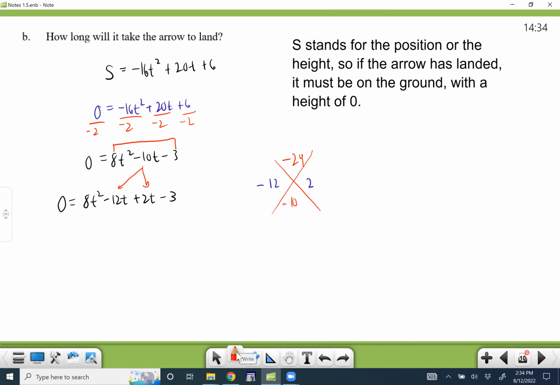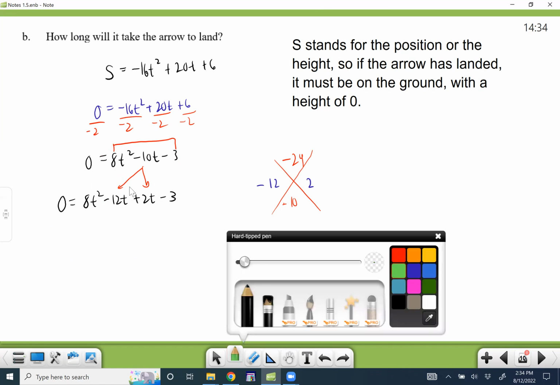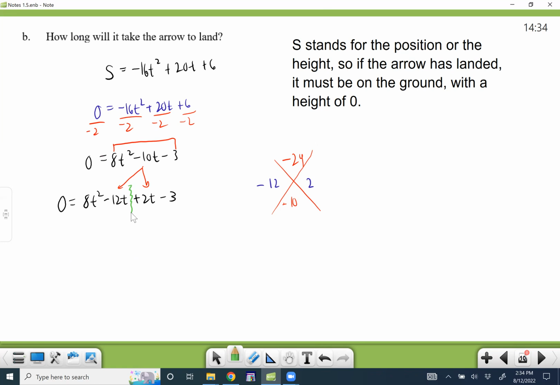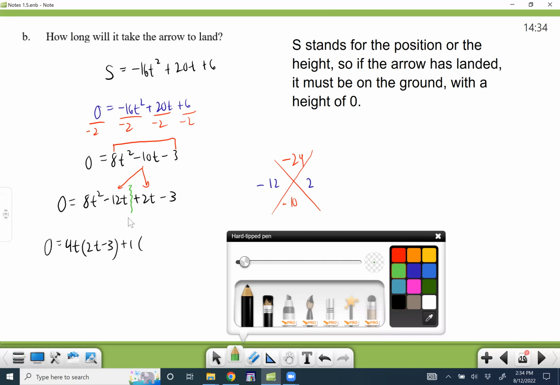And this is when we use factoring by grouping, where you slice it down the middle and you say, okay, what can I take out of the first two? Definitely a 4 and a t, right? You have to take something out. Even though these already match, you guys, we still have to take something out. In that case, take out a +1. Remember, you always have to take out a sign too.